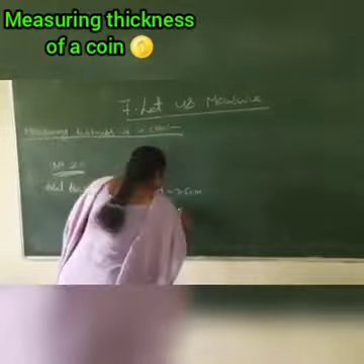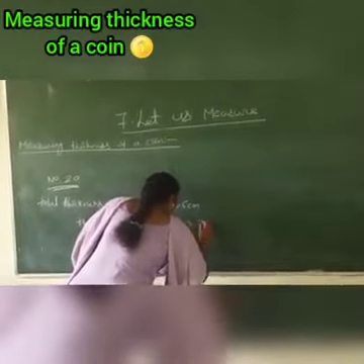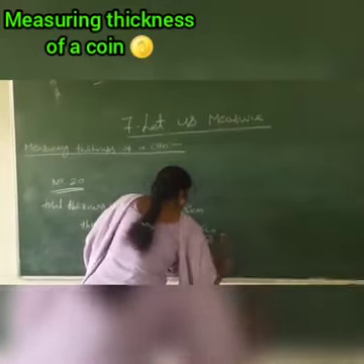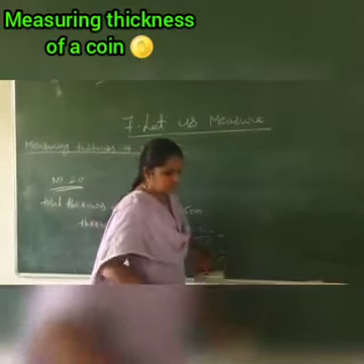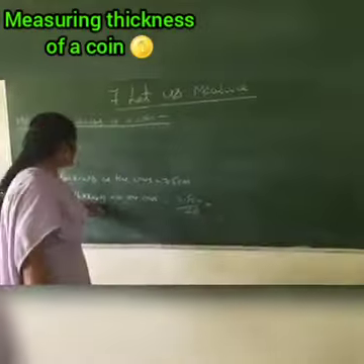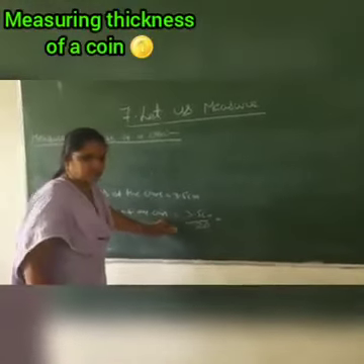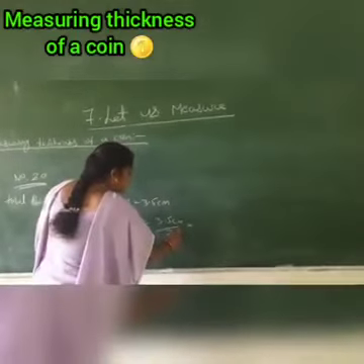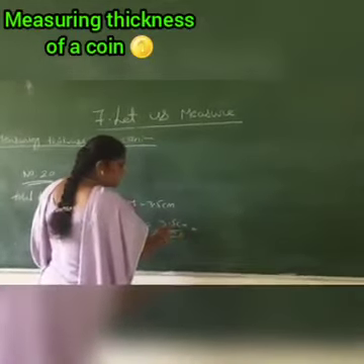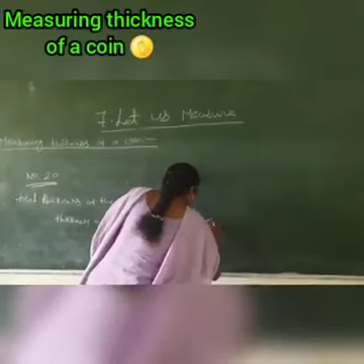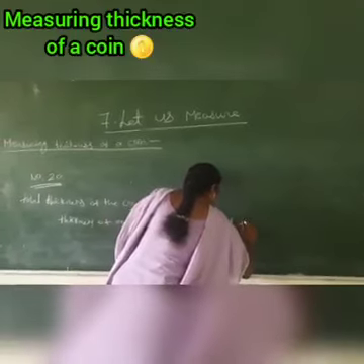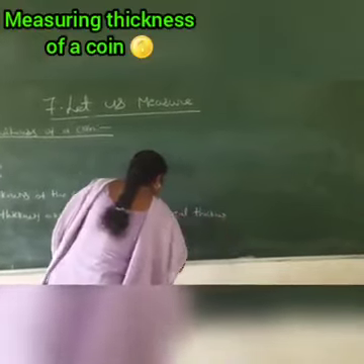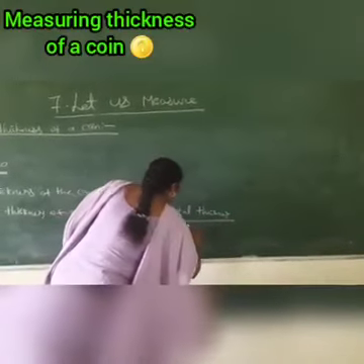So that's why 3.5 centimeters divided by 20. Thickness of one coin is equal to 3.5 centimeters by 20, the total thickness by the number of coins.